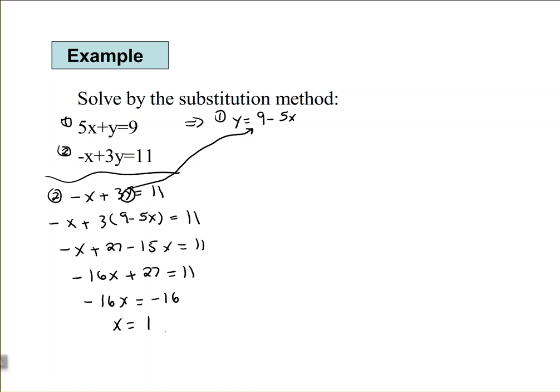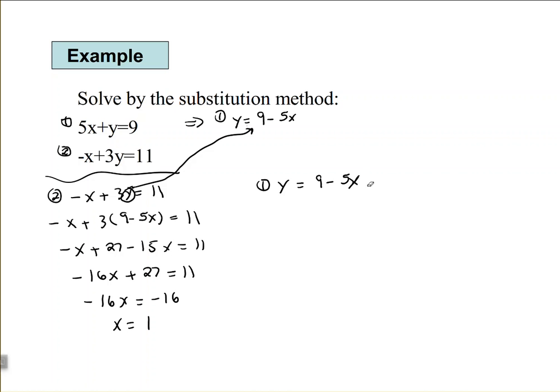Now, we also need the y value because our answer should be in ordered pair form. So we see from our equation 1 where we rearranged it that y is equal to 9 minus 5 times the value of x. So I'm going to use that equation 1, the one where I rewrote it to where we have y equals, to find the value of y.